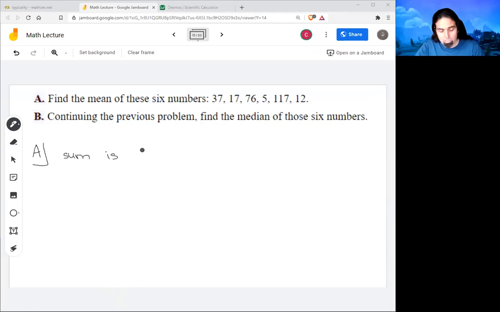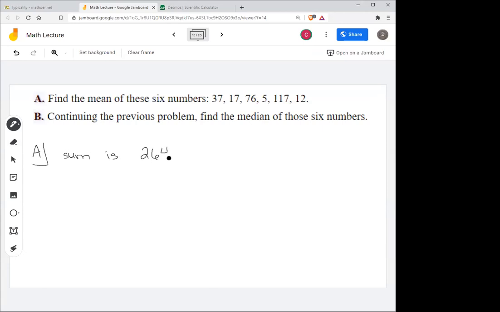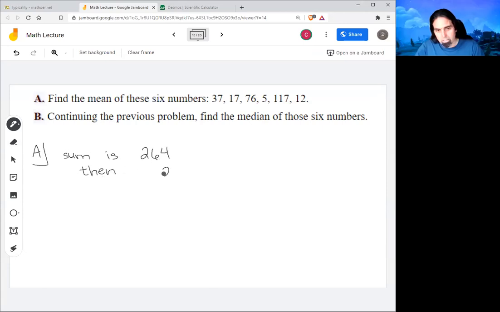Everyone else get 264? Yes. Then we'll take that and divide it by 6 because there's 6 of them. And 44.